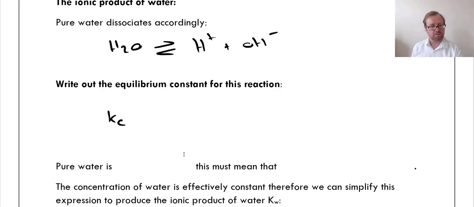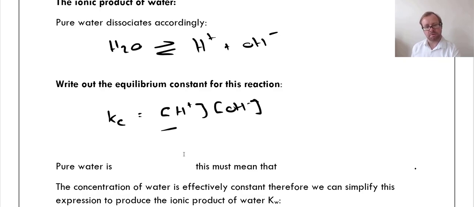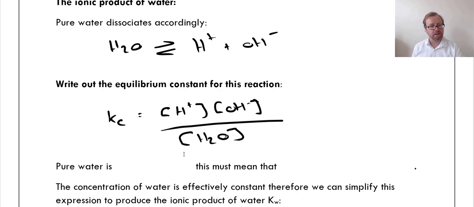We would have H+ and OH-, so my products over my reactants. I seem to manage to say that the wrong way around. So the products concentration over my reactants concentration.